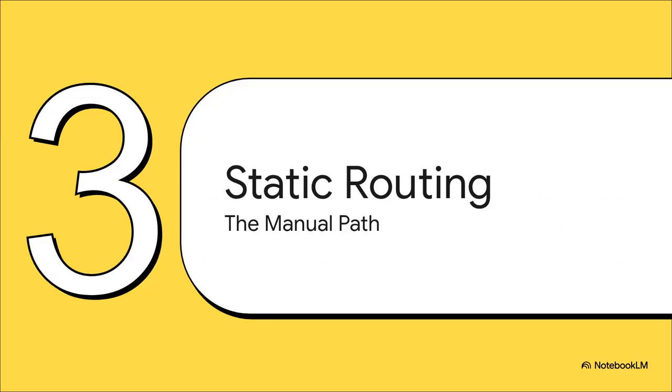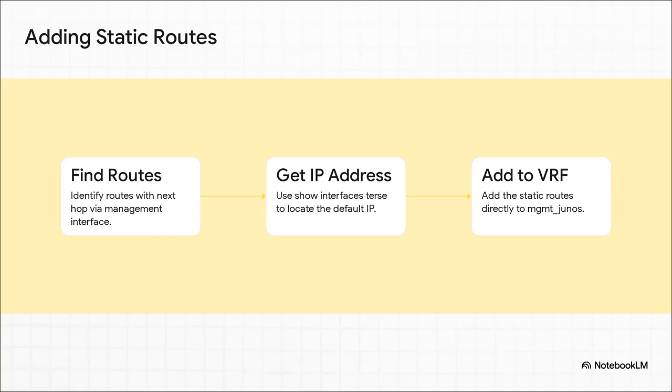Which brings us nicely to Section 3, the basics of static routing, the manual path. So, because we literally can't run dynamic protocols on our new management instance, we've got to route to it statically. When you deploy that MGMT_Junos VRF, you have to manually migrate any static routes that use the management interface as a next hop. It's a pretty straightforward process, though.